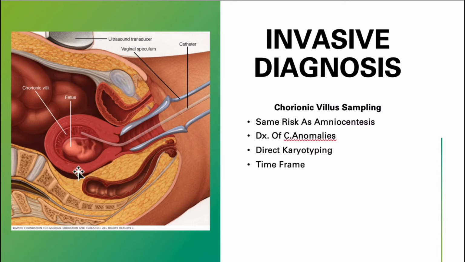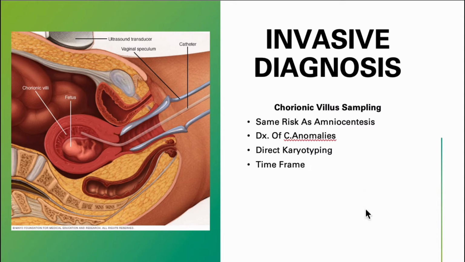So essentially what you're doing is you're getting fragments of that placental tissue. And the part you're after is the chorionic villi, hence the name chorionic villus sampling.